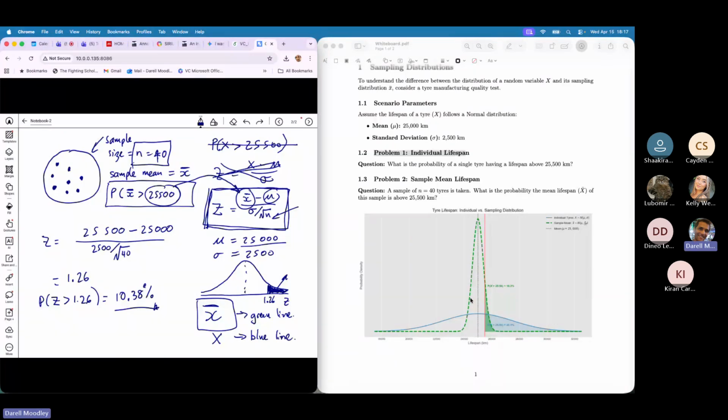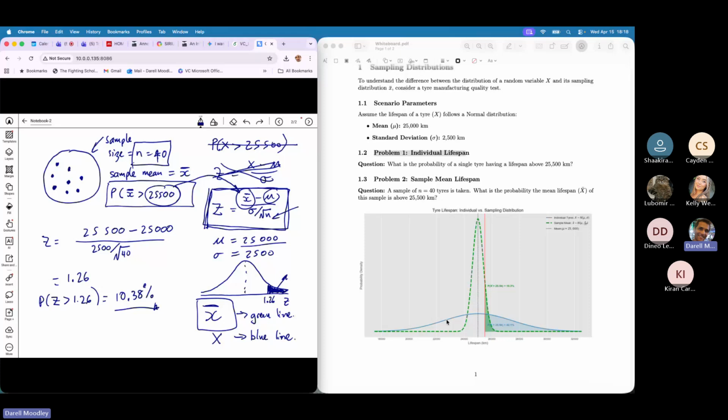So often in practice, when we do quality testing, we take a sample. When you see a spread like this in its distribution, the more spread out, the more uncertainty there is, because your values can vary widely. You can go from one extreme to another extreme.